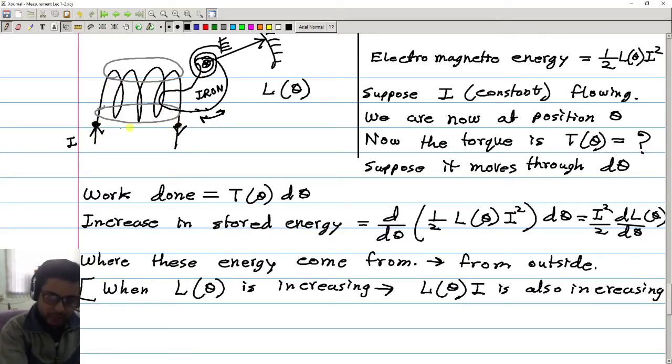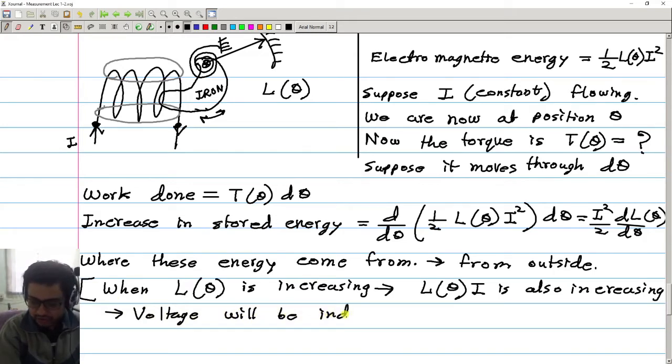Between the two terminals of this coil there will be a voltage induced, across the coil.